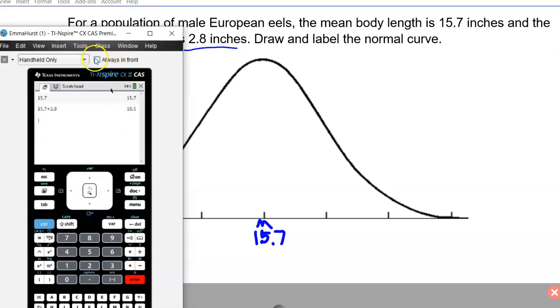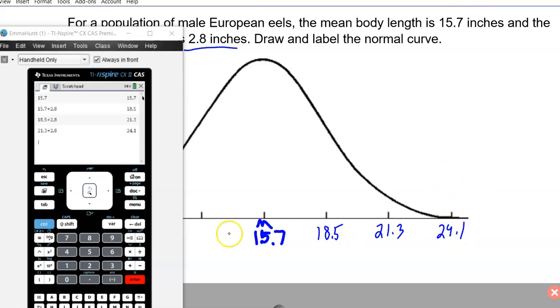So that's 18.5. So 18.5 goes here. I'm going to add another 2.8. So that'll be 21.3. Add another 2.8. That's 24.1.